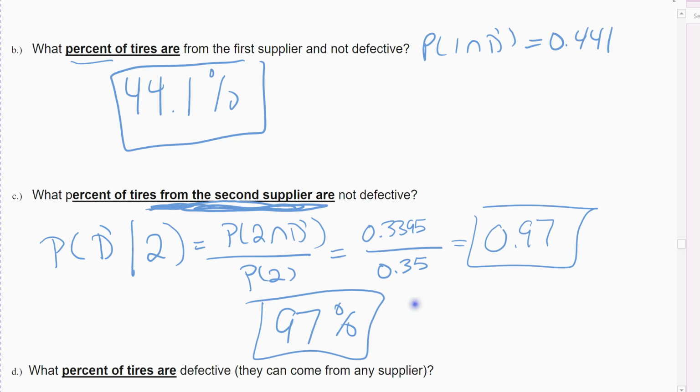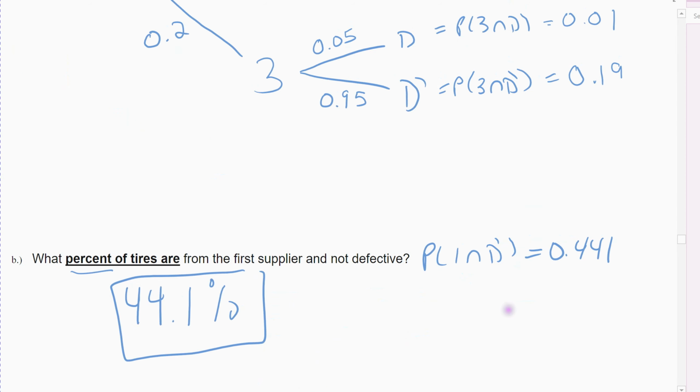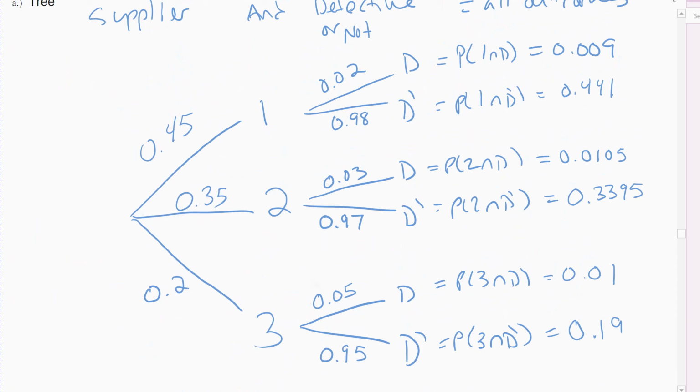Which should make sense. This is actually one of the probabilities on the tree. If I know I'm the second supplier, that's this probability: given that they're the second supplier, the item comes out non-defective. That was the complement to the event they gave me in the problem.